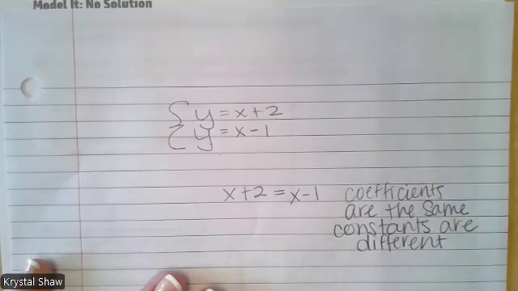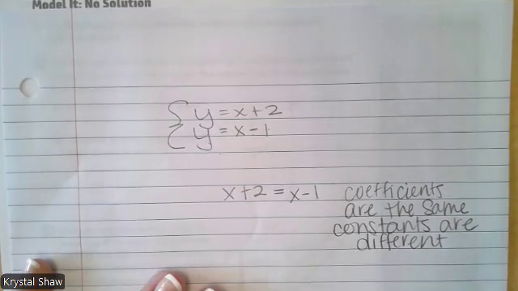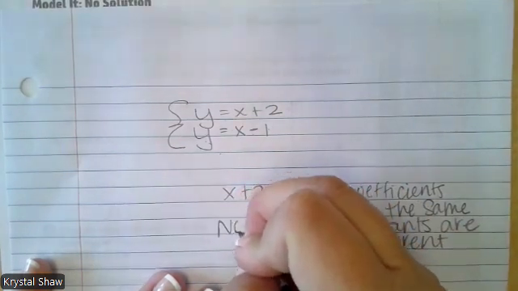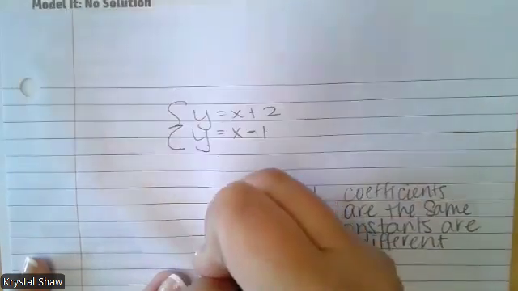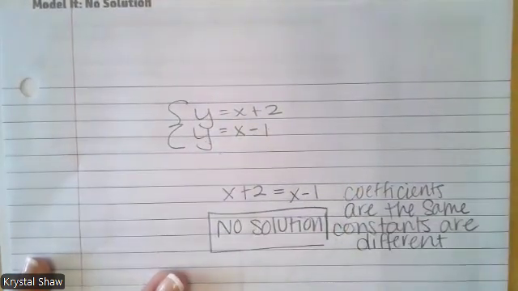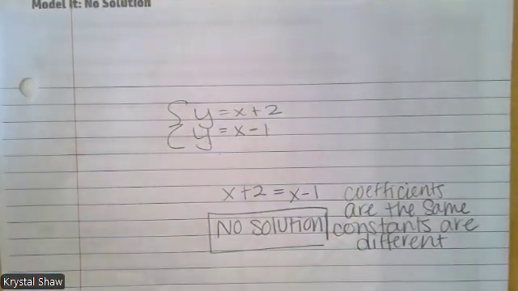So if we look at that pattern, it should be telling us that this is a no solution. Now, the question is whether or not that holds true when I graph.